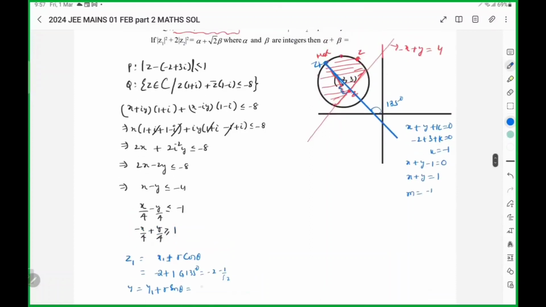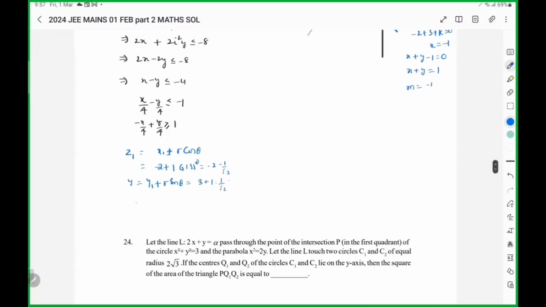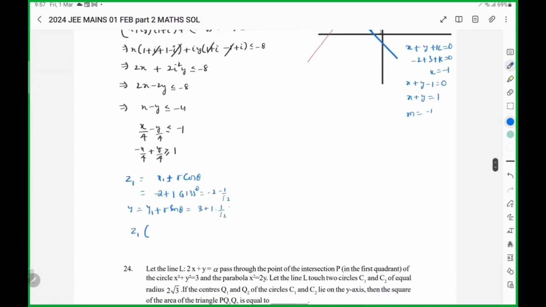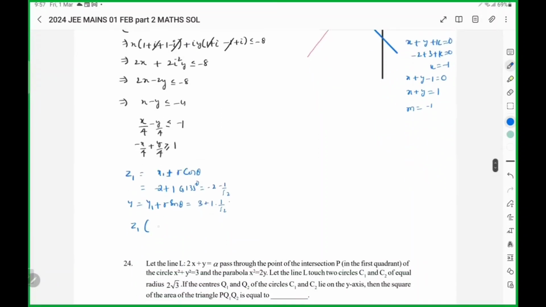Center here is 3 plus radius is 1. So that is the maximum distance from the origin, Z1. These are the coordinates of the point Z1.